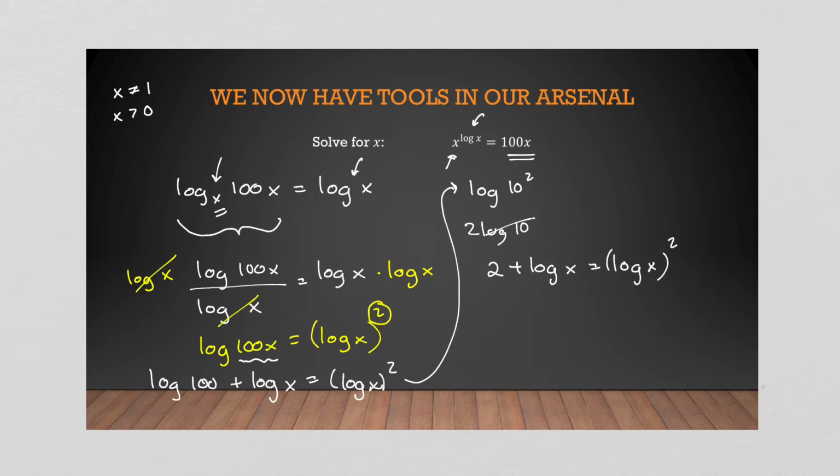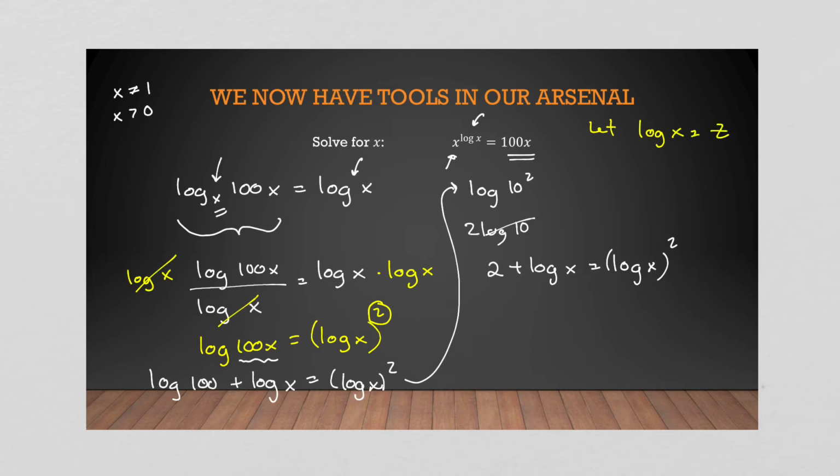Now, here comes the sneaky, not intuitive, piece of substitution where you recognize that maybe you have a quadratic hiding in here. So why don't we let log x be equal to z, for instance?